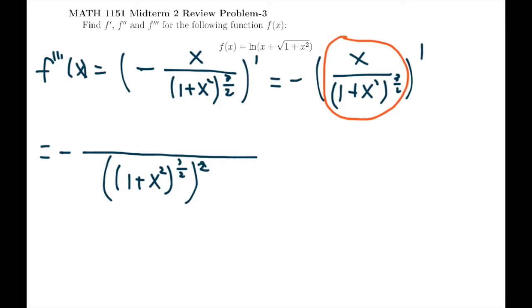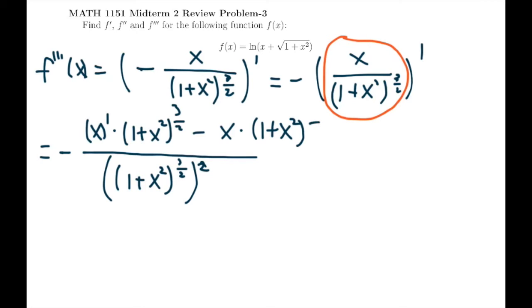And then for the numerator, firstly, it is the derivative of the original numerator times the denominator, that is x prime times the original denominator, and then minus x times the derivative of the original denominator. So it is x times 1 plus x squared to the power of 3 halves prime.